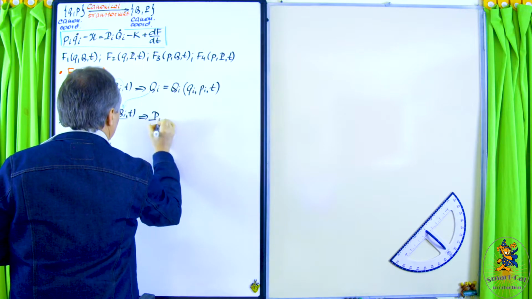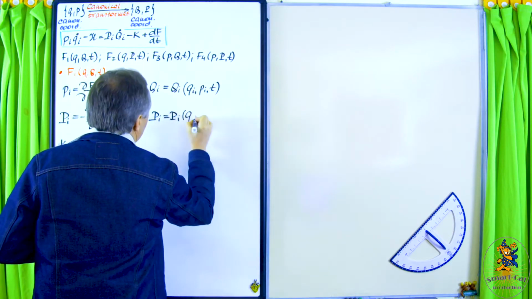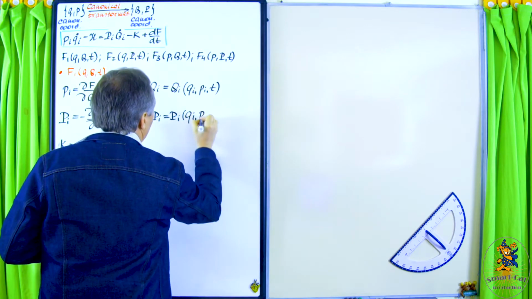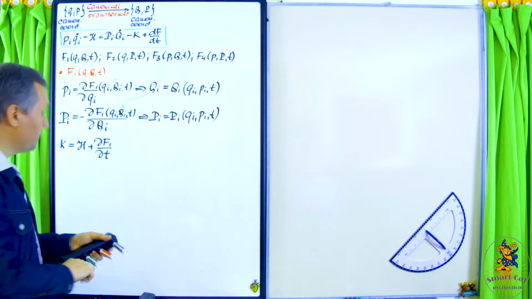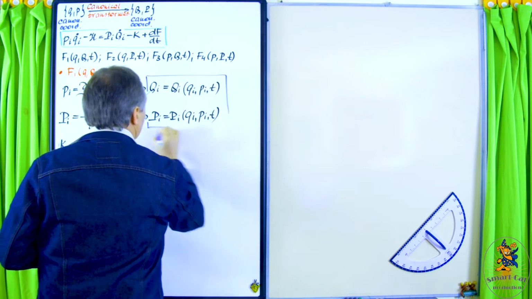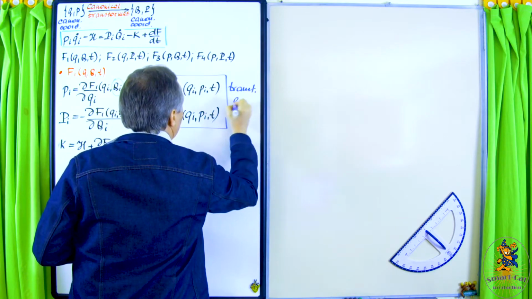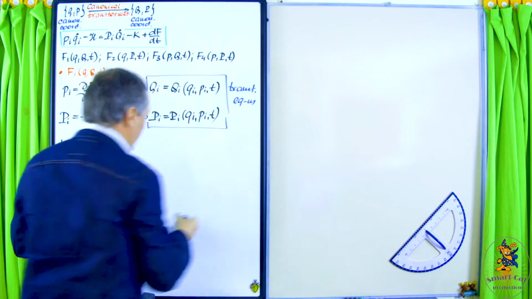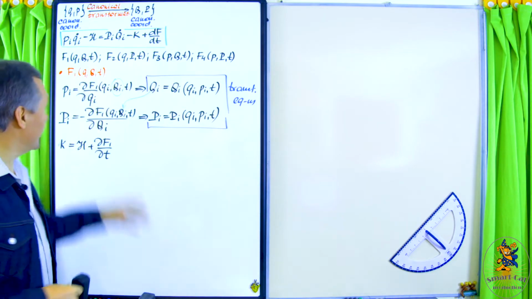So you will get from here p capital equals a function of q, p, and t. Right? So transformation equations. So that's how you can get transformation equations if generating function is given.